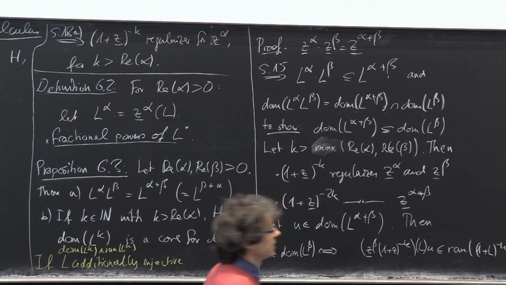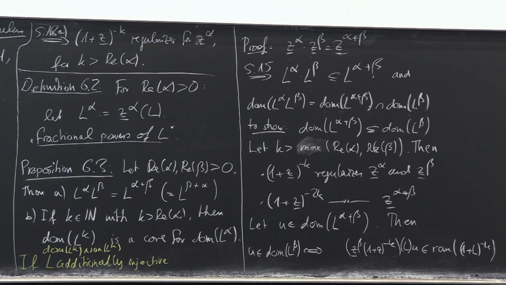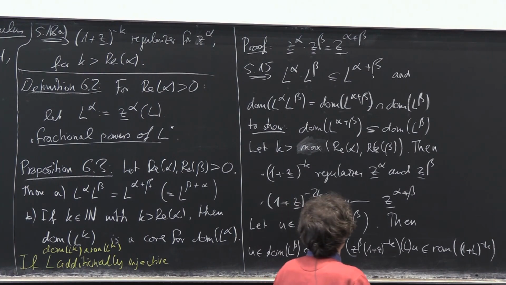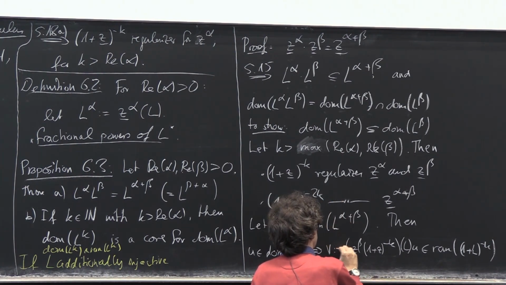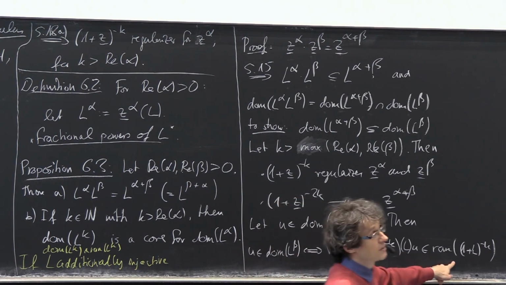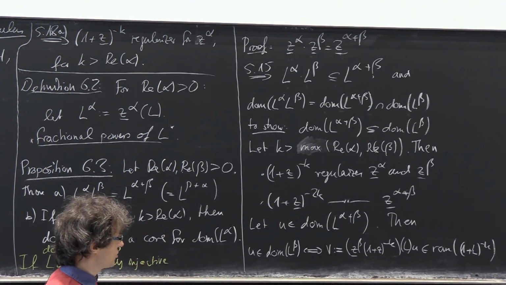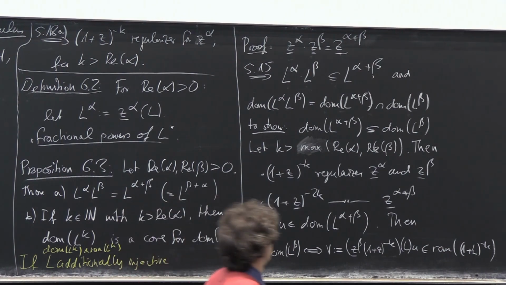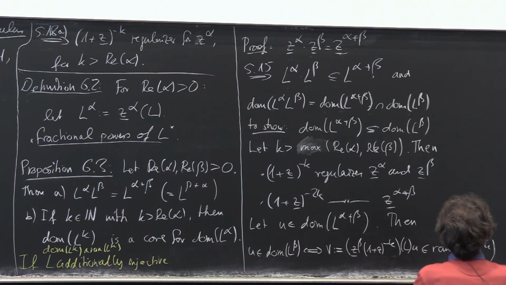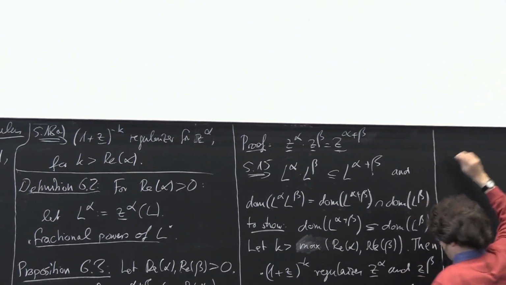That was the definition of the domain of the extended functional calculus. And so I will call this element V. So what we have to show is that this V is in the range of that operator. And once we have that, then by the regularization procedure, you have V in the domain of the beta power. Okay.